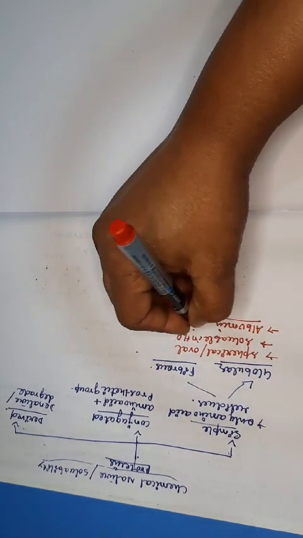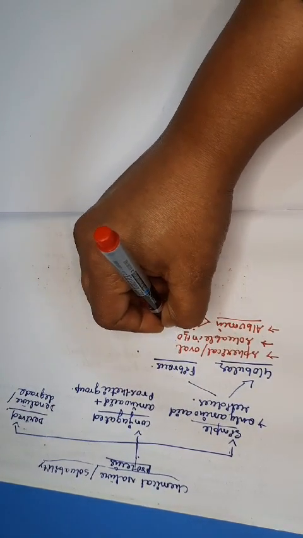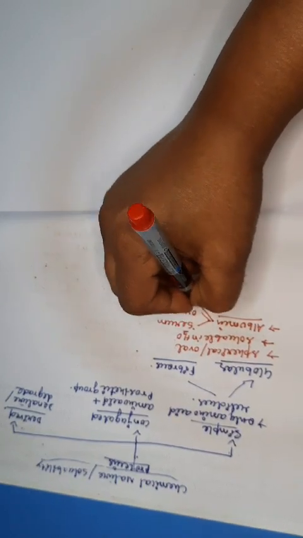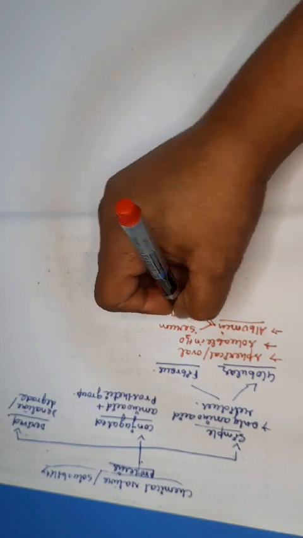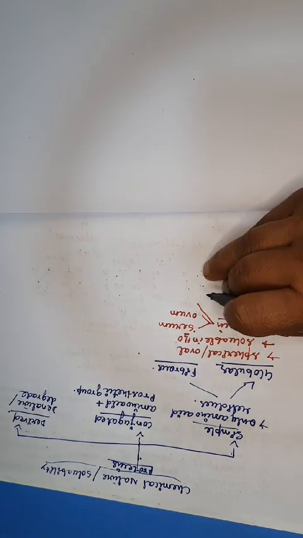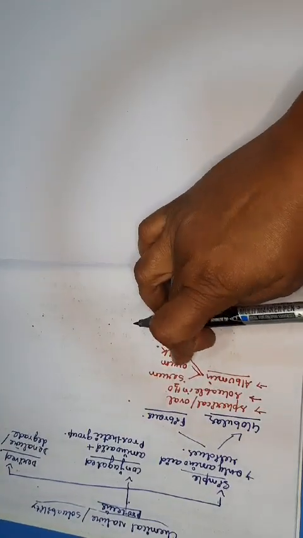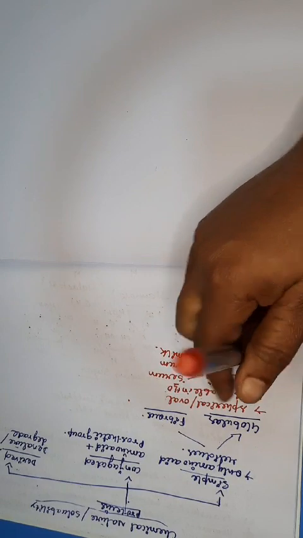So albumin can be present in serum, in the yolk of the ovum, or in soluble condition in milk. So this is serum albumin, this is ovum albumin, this is lactalbumin.